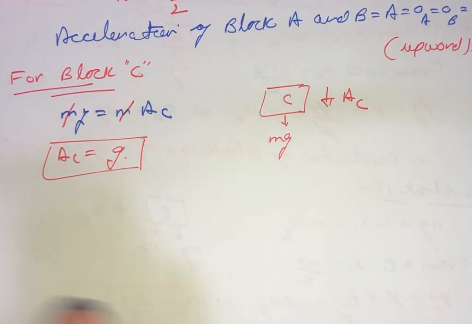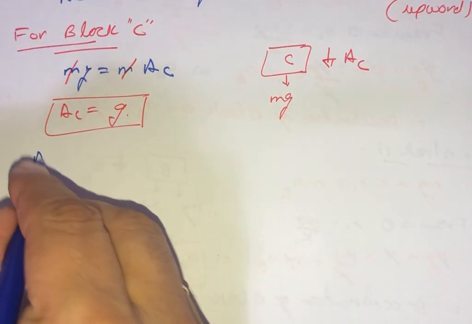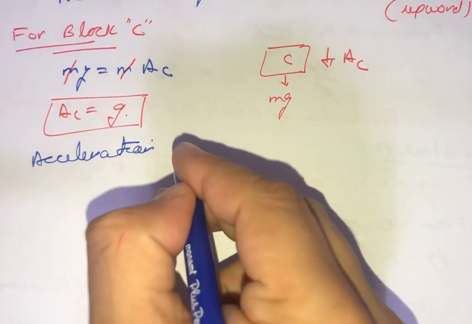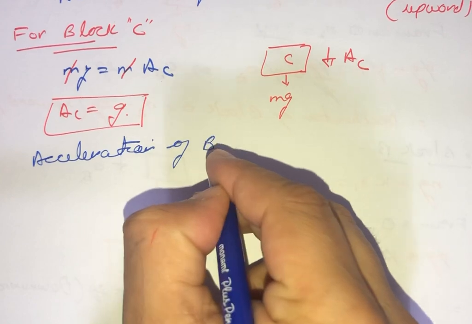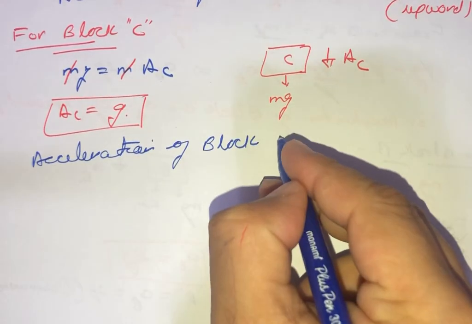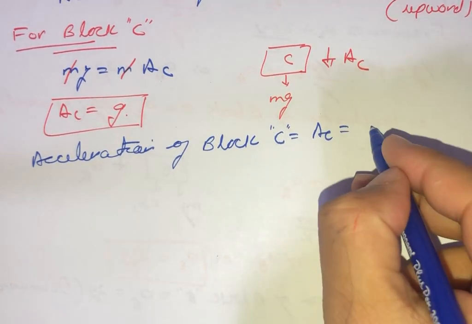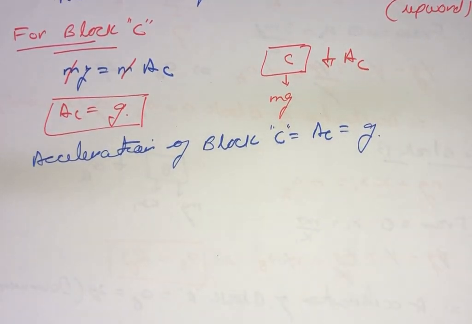So from here we can say that the acceleration of block C is equal to AC, and that is equal to g, that is acceleration due to gravity.